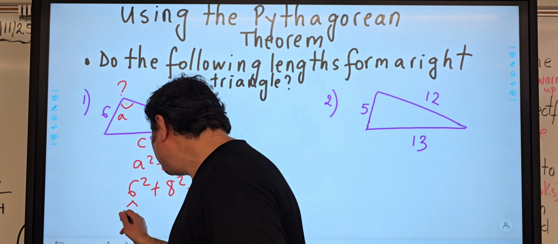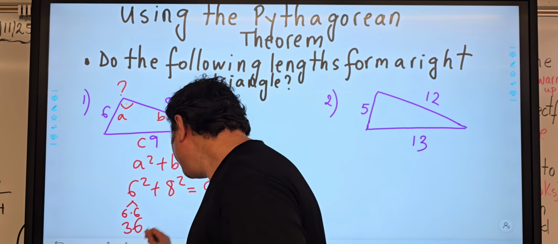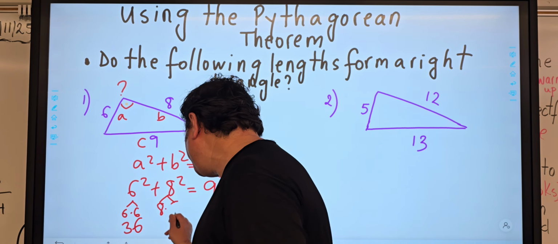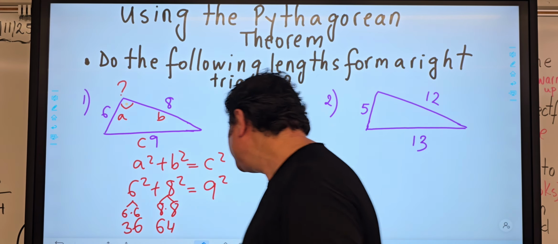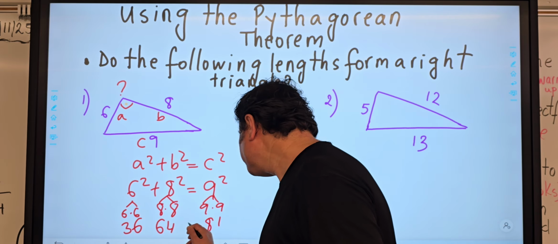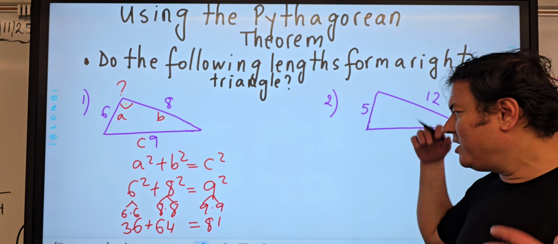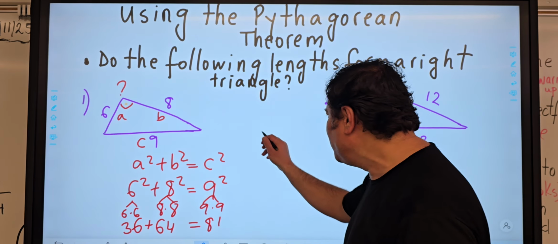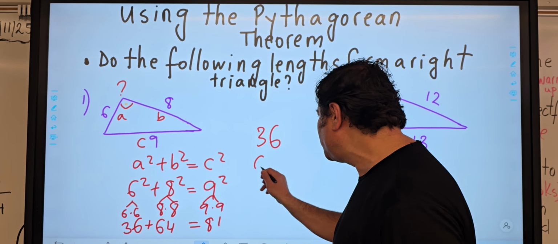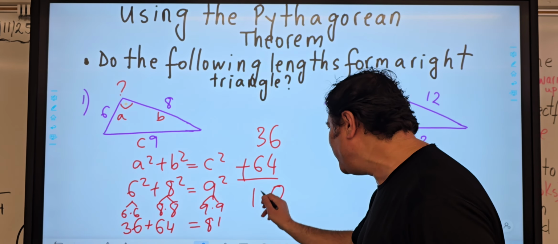Let's see here. 6 times 6 becomes 36. 8 times 8 becomes 64. And 9 times 9 becomes 81. Let's see if 36 plus 64 gives you 81. Of course, 36 plus 64 actually gives us 100.